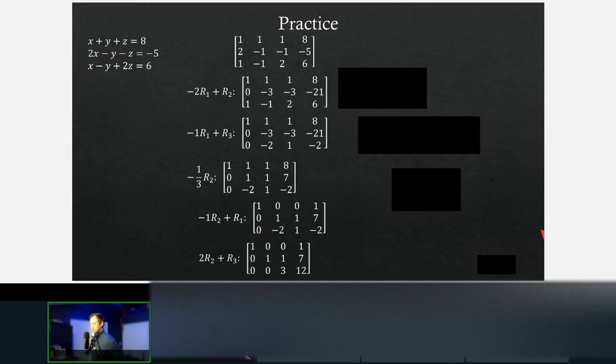One third times row 3. Anyone else want to agree with her? Yeah, I think that might be the only thing we can do.